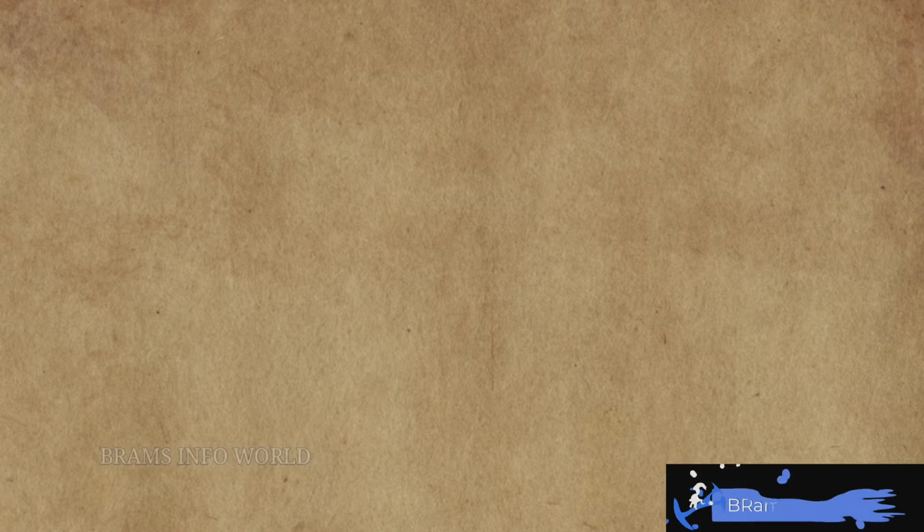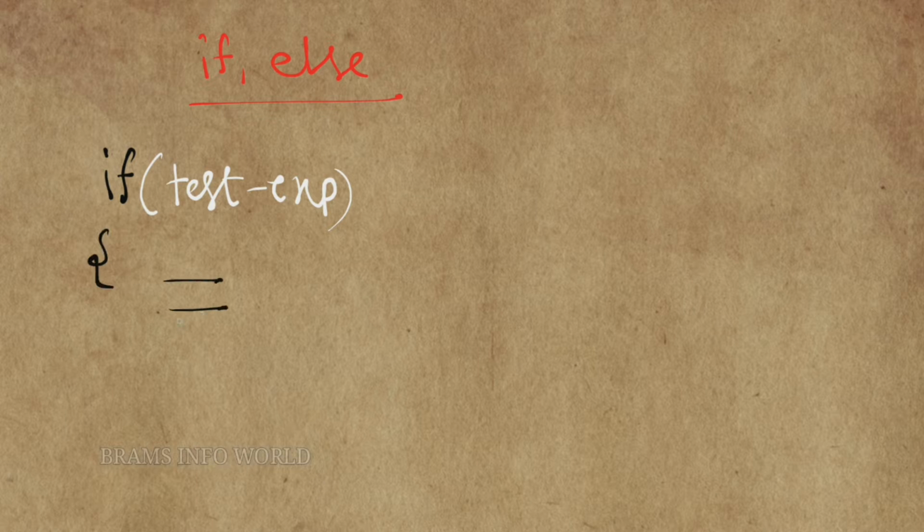In this if else statement or bidirectional control statement, there are two keywords. One is called if, another one we can call else. Here we write if followed by a test expression. If the given test expression is true, the true block is executed.